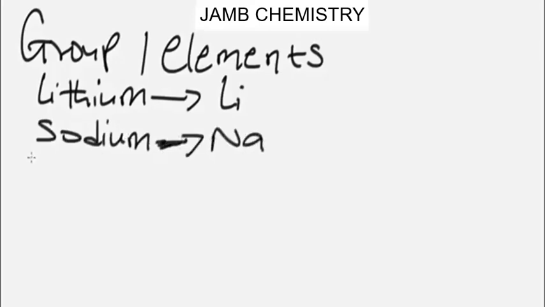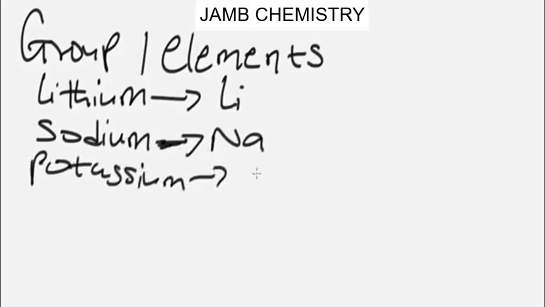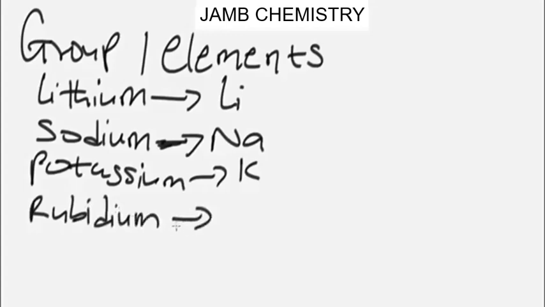Then we have our potassium, the short form is K. Then we have our rubidium, the short form of rubidium is Rb.